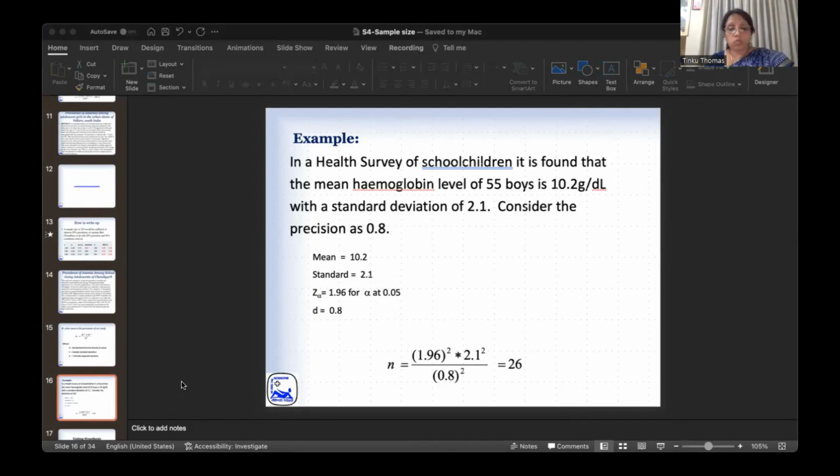Sorry, ma'am. Yes, I want to see your screen when you're doing the sample size calculations. You're not able to see, is it? No, we can't see it. Oh, I think, yes, I understand. You know why? Because I'm sharing the slide. Okay, I have to shift between that.